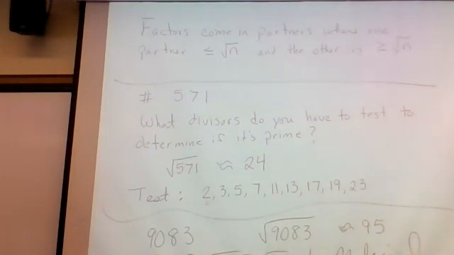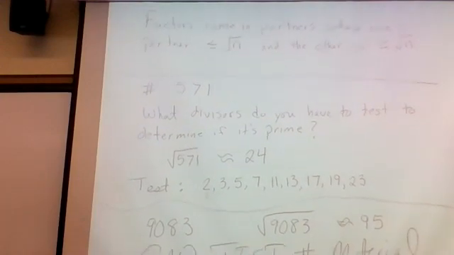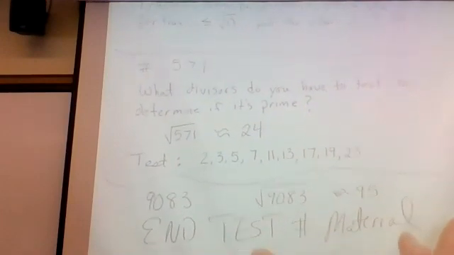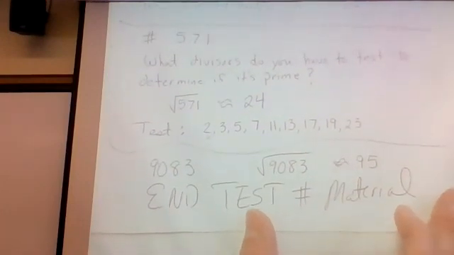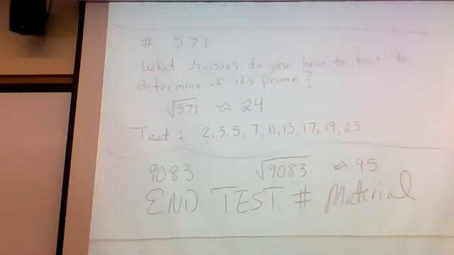All right, and then I answered the all-important question, what will be on the test? Okay, so on the test, I will very likely give you a number like 571 and say, what divisors would you have to test? Okay, if you want to know if it's prime, what would you have to test?